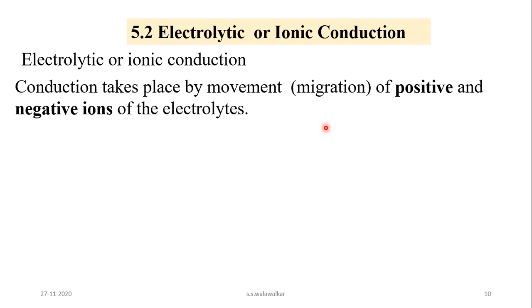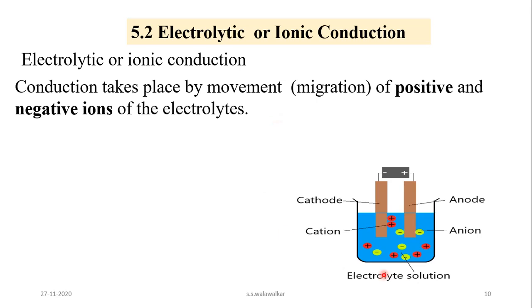So those substances which conduct electricity by breaking down into ions, as we have studied in the ionic equilibria topic, are called electrolytes. Here it is an electrolyte tank, and in it graphite rods or platinum rods are immersed, as they are inert.